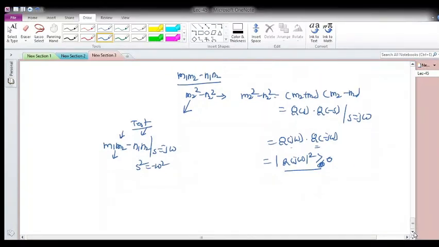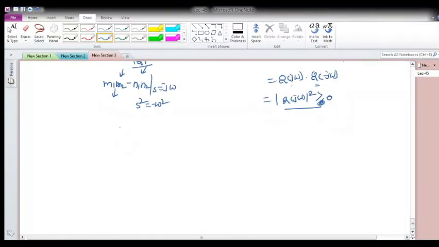Now I get one polynomial, say a, in terms of omega square, because all are even parts. I evaluate m1 m2 minus n1 n2 at s equal to minus omega square, and ask myself whether a of omega square is greater than or equal to 0 for all omega or not.